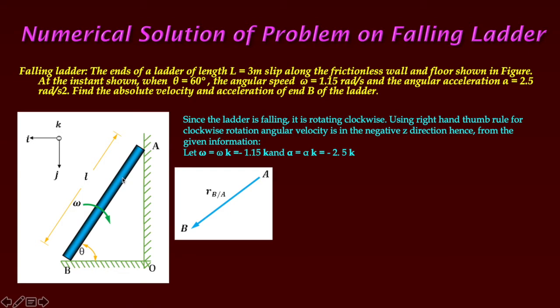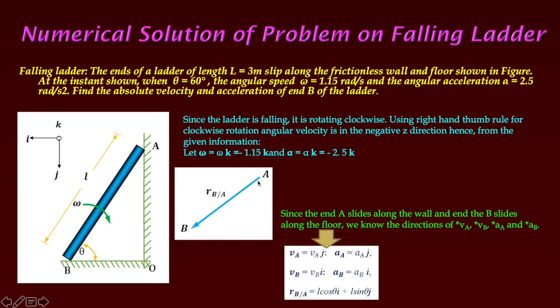What's the radius vector here? AB is the radius vector. To find point B, let's consider the radius vector is RBA. The direction is toward B. It is the radius vector of B with respect to A. If it is RAB, then the direction would be towards A.